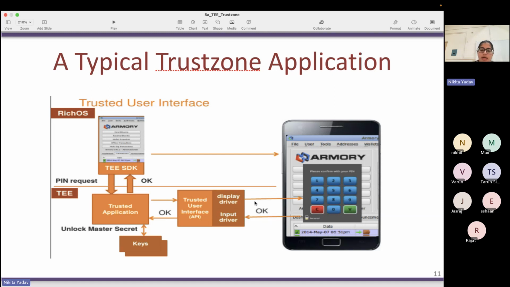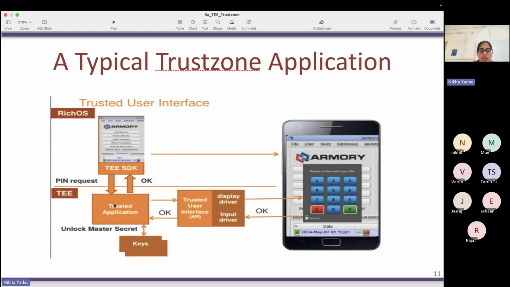So the monitor will pass the interrupt to your trusted application. In this manner, when your user is entering the pin, that pin will be passed directly only to the trusted application, and it will not be available to the user application running in the normal world side.